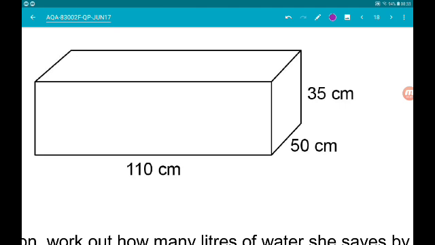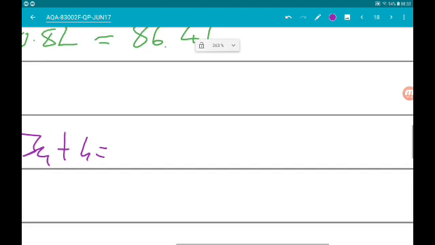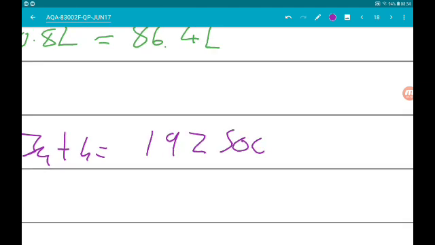And that's going to give us 192,500 centimeters cubed.